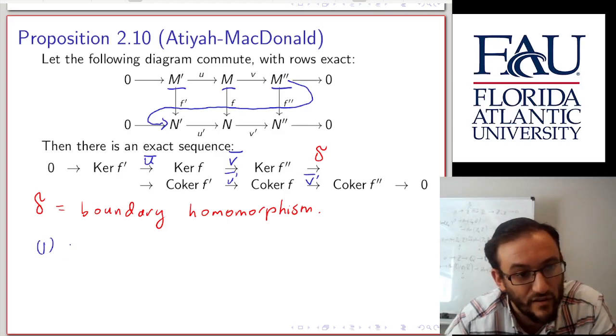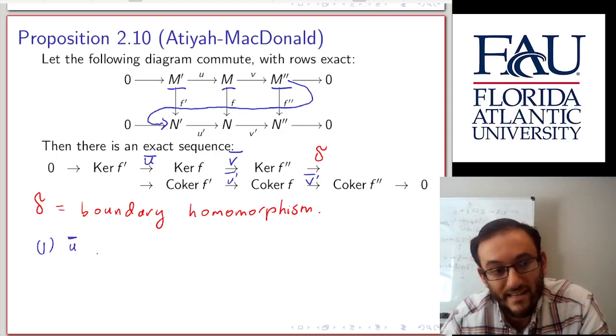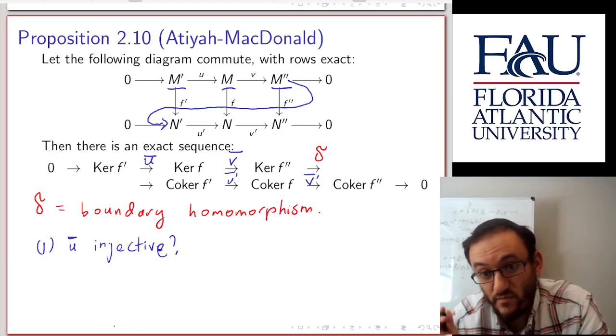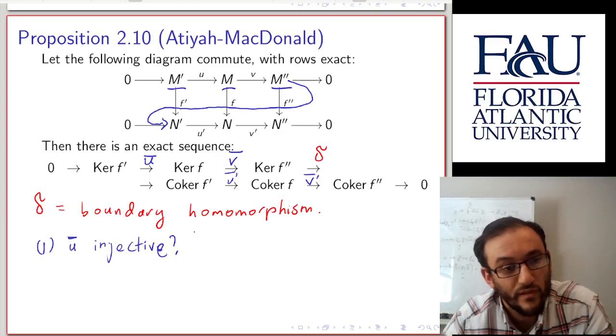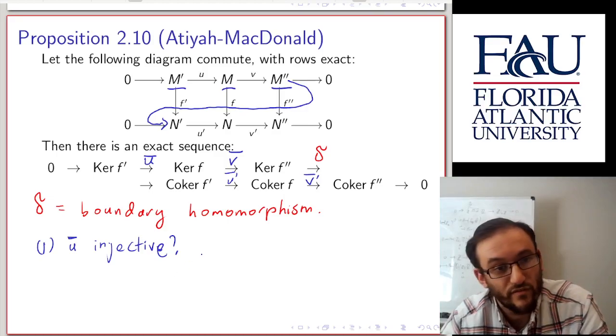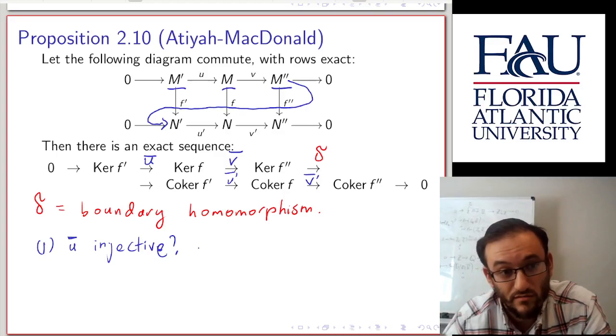So if we have u bar, we want to show that u bar is injective in order for the sequence to be exact at kernel of f prime. So how do we show that u bar is injective? Well, let's suppose we have an element which maps to 0 under u bar.